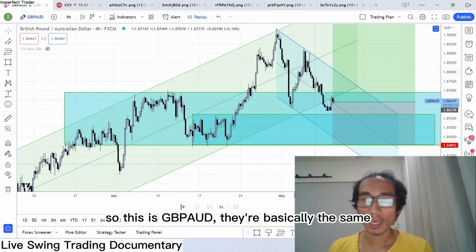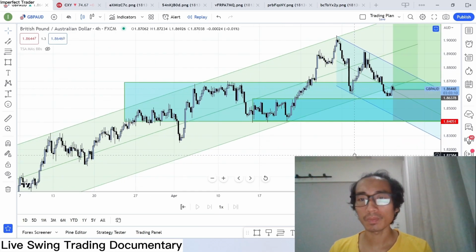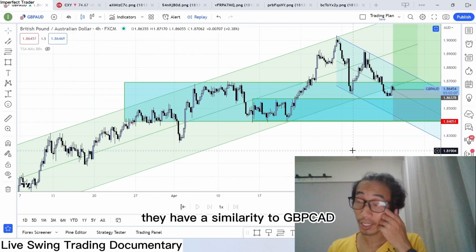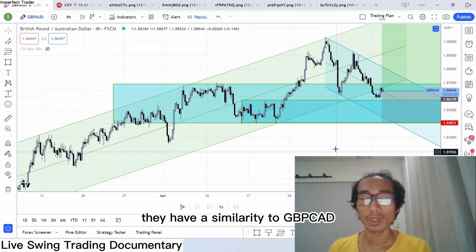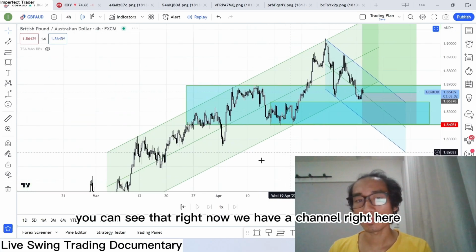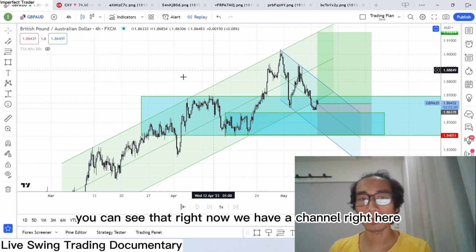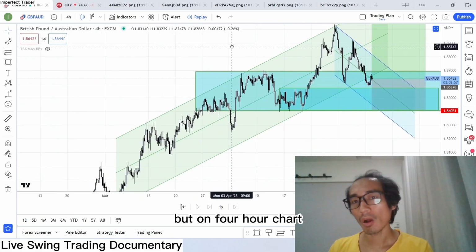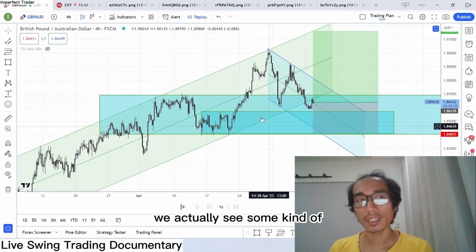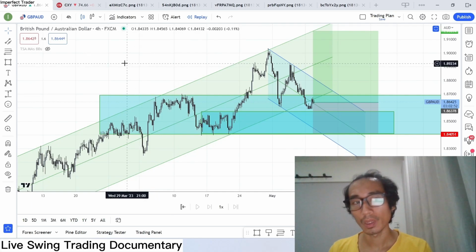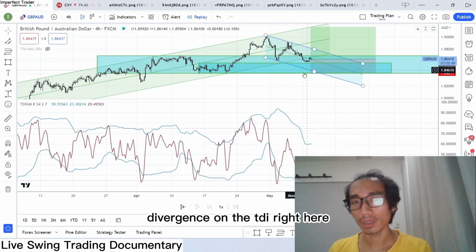So GBP AUD, they are basically the same. They have a similarity to GBP CAD. You can see that right now we have a channel right here. But on the 4-hour chart, we actually see some kind of divergence on the TDI right here.